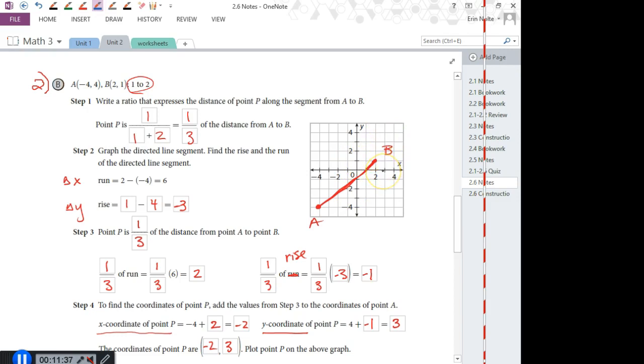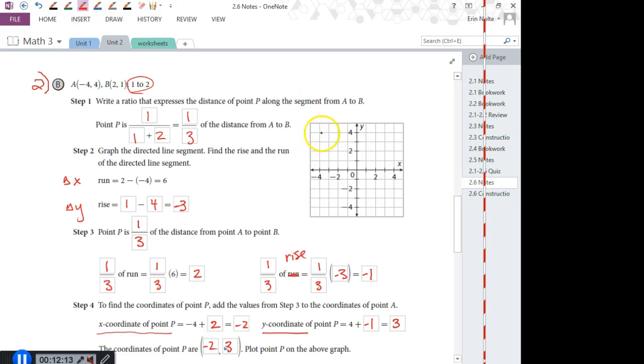Negative 2, wait, did I plot that wrong? Negative 2, oh, negative 3. Hold on, wait a second. Because A is plotted wrong.